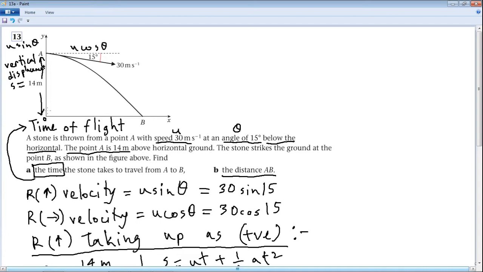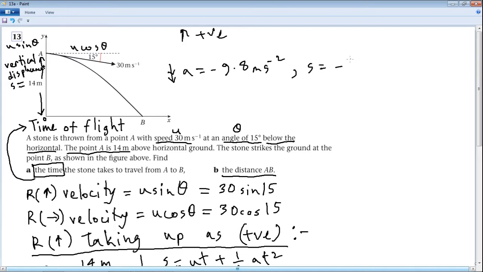You may choose downward as positive, it's up to you. To make things complicated, I have taken upward as positive. So the acceleration is minus 9.8 meters per second squared.